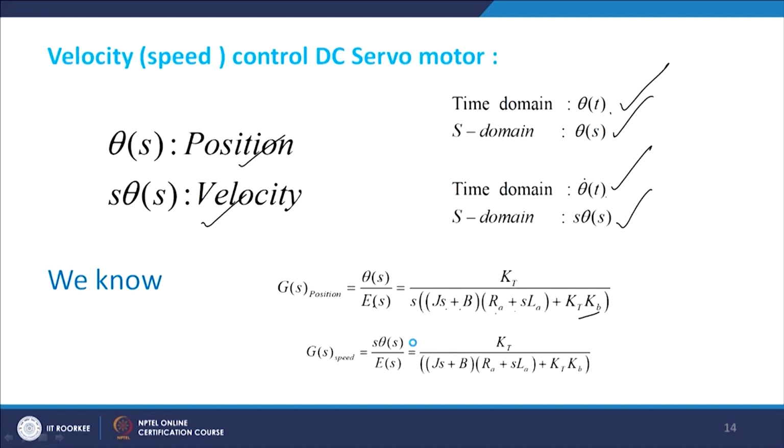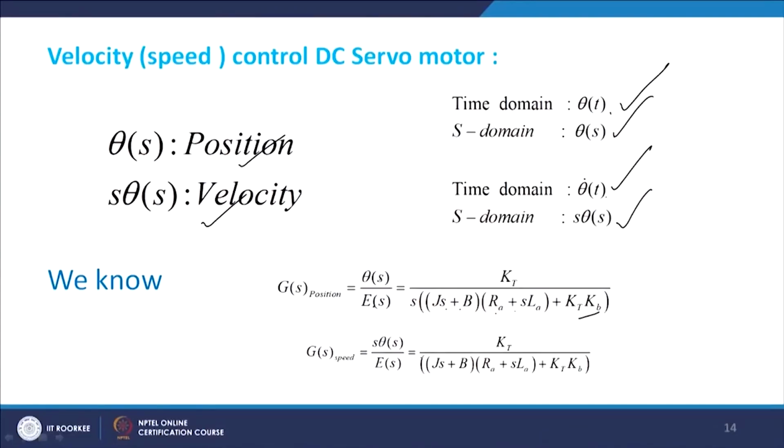And when we move to the speed, what will happen here? S theta S by Ea(S), that means your S is cancelled, and you will find that the model of a DC servo motor, that is the speed control model, is second order, whereas the position is third order.